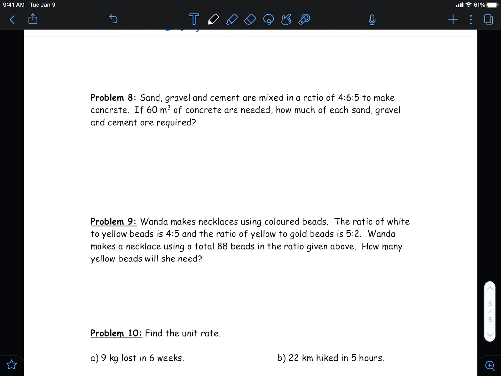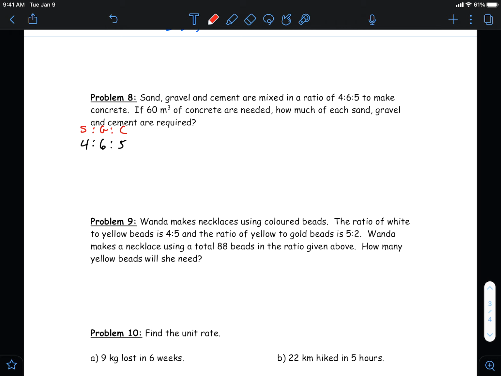Let's write a ratio up. 4 to 6 to 5. That's going to be on top. You can make it specific. You can go sand to gravel to cement.